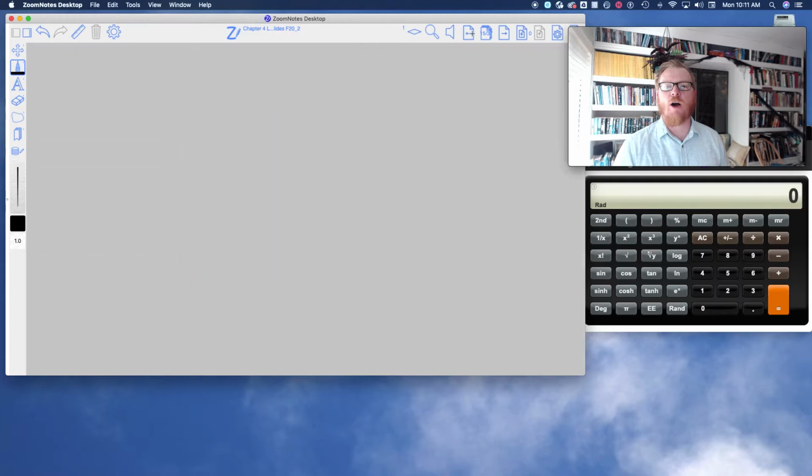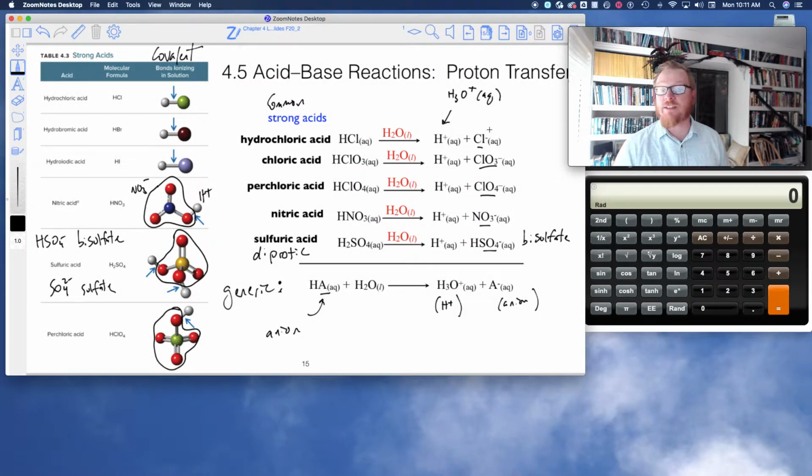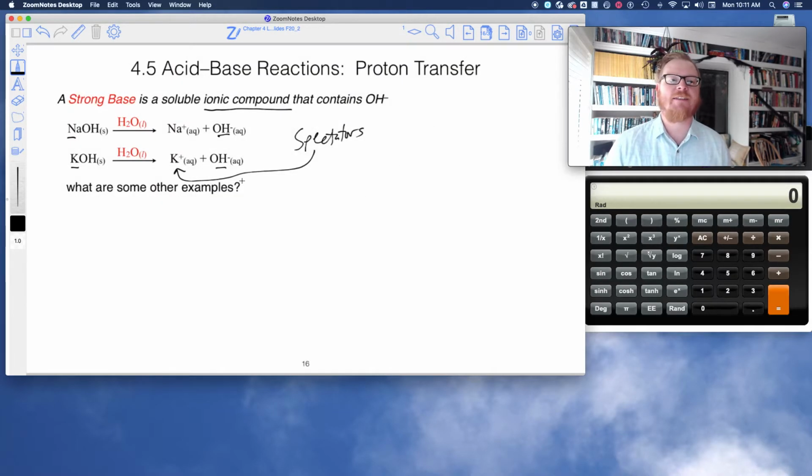Okay, so actually I'll back up right here, right? All of these ions right here, these would also be our spectator ions. Spectator ions. So that means they're not really doing much. Okay, they're not really doing much chemistry. It's the H plus that's doing the chemistry in the case of acids, and it's the OH minus that's doing chemistry in the case of bases. So what are some other examples?